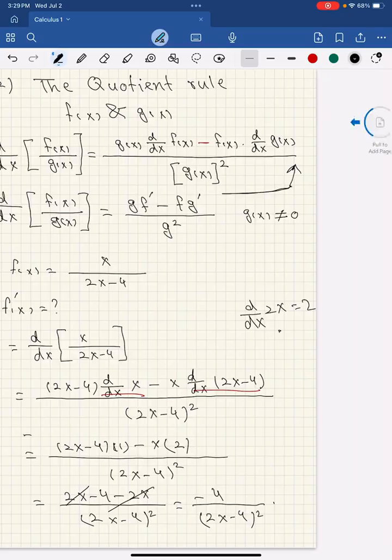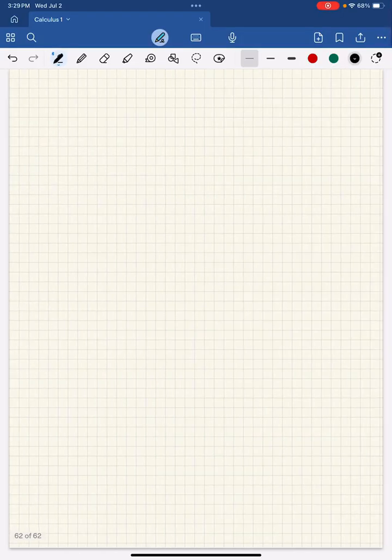Let's do another example. For example, f of x equals, let's say, x squared minus 4 over x plus 1.